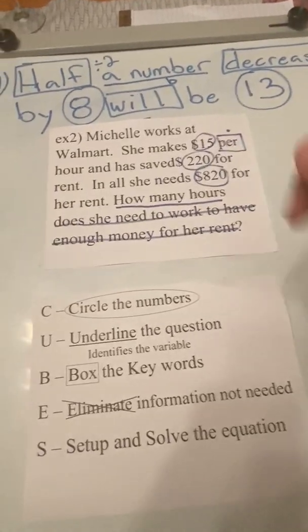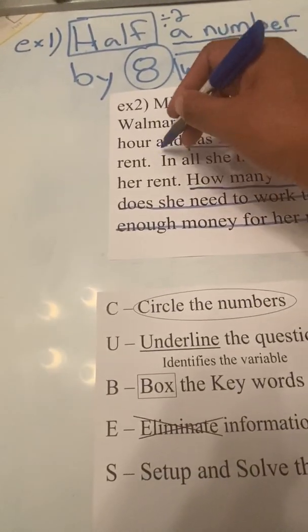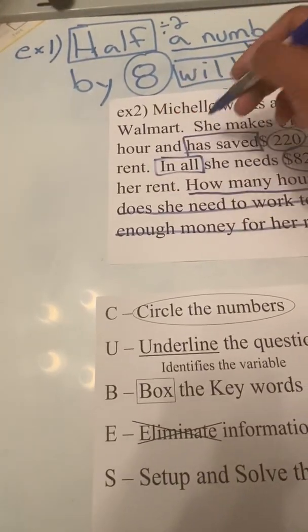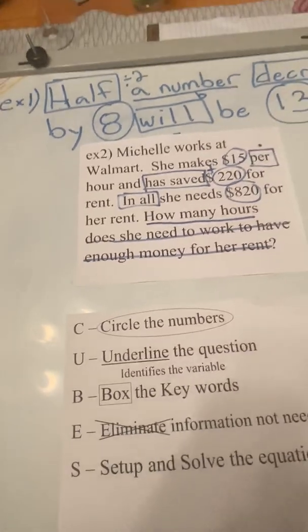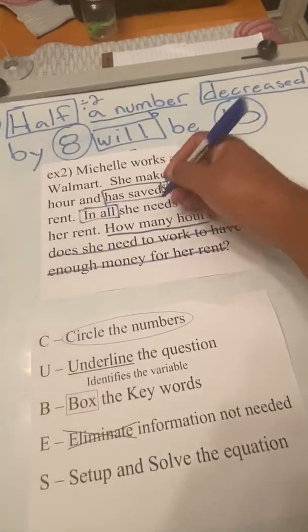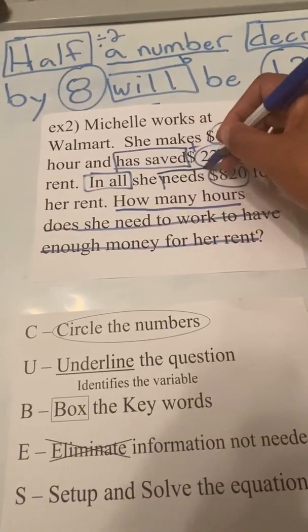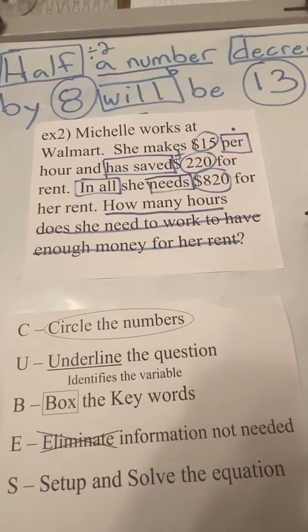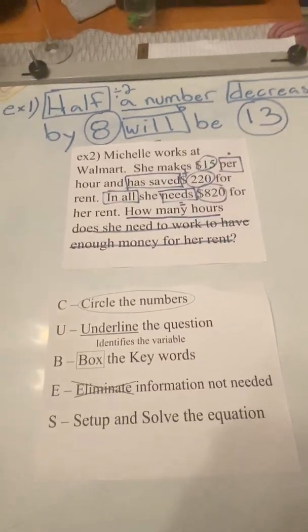Has saved, in all. We know has saved and in all both mean plus. Needs isn't a keyword we discussed, but it's one we can add, and needs means equal. So we've boxed the keywords.